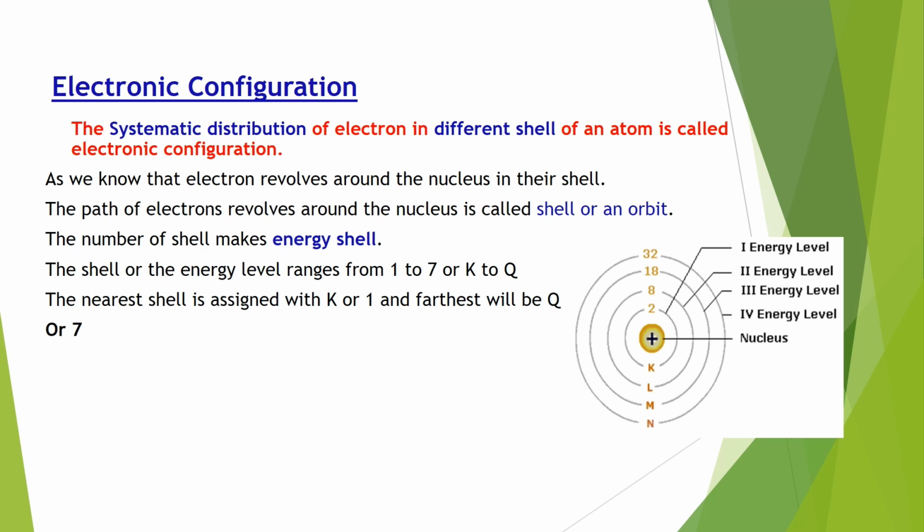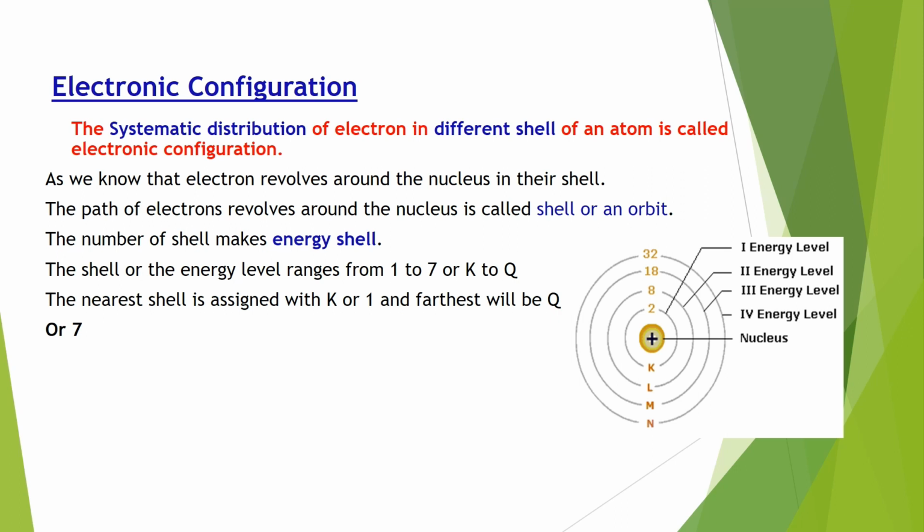Similarly, their naming is also given as K, L, M, N, O, P. The nearest one is given K, after that L, then M, N, and so on. According to the arrangement or the nearest distance from the nucleus, the capacity to accommodate the number of electrons varies along the shells.